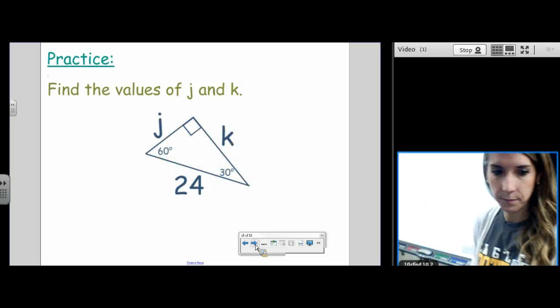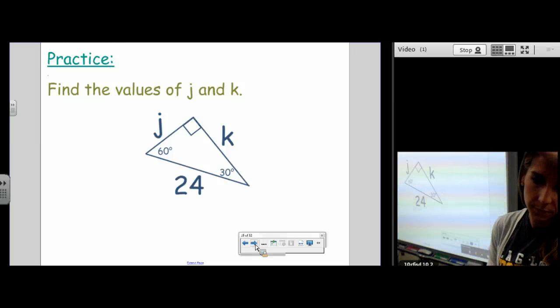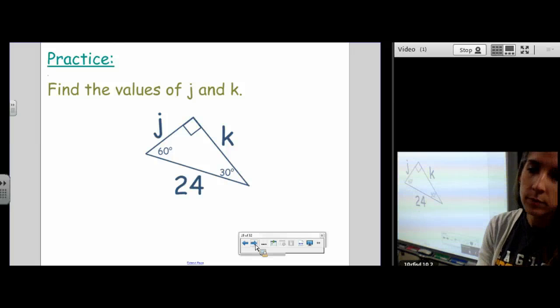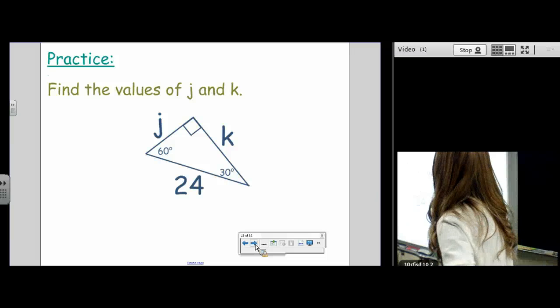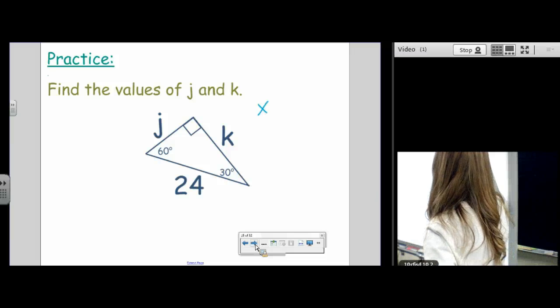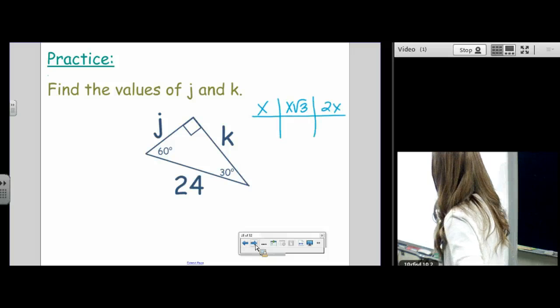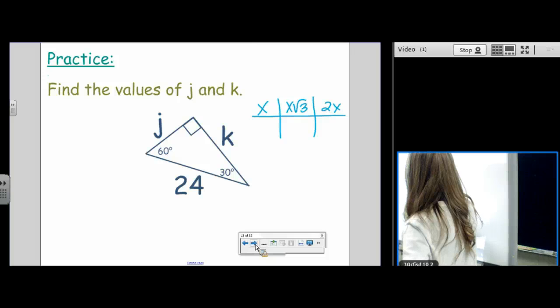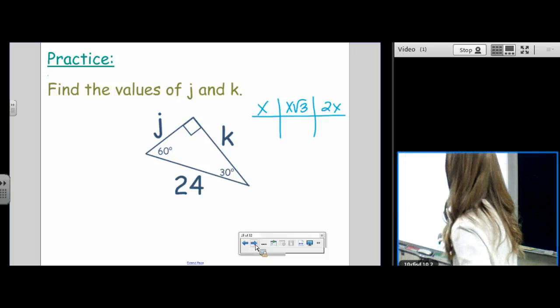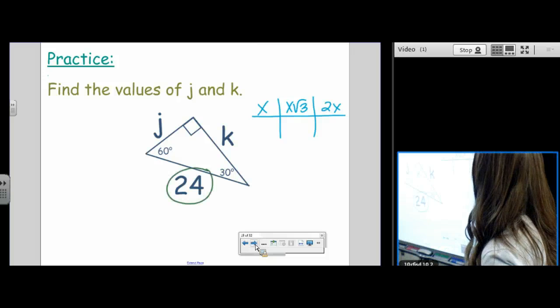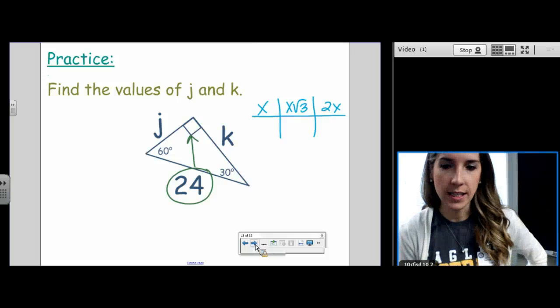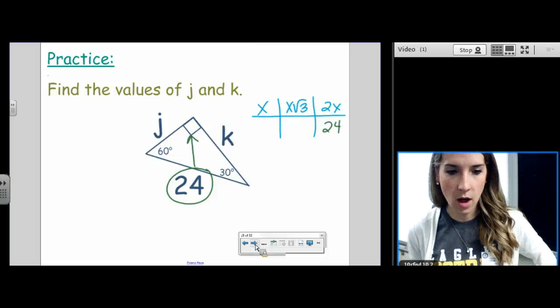Try this one. What do we have, and what is it across from? We have 24, and it is the hypotenuse. It is the longest side, so it goes in the 2x column.